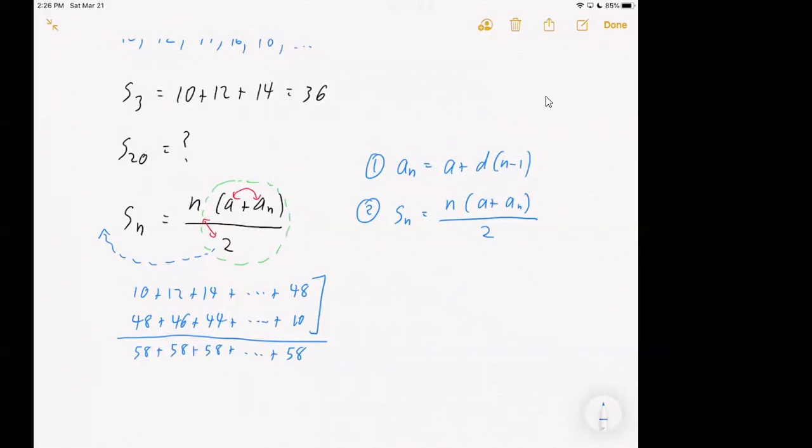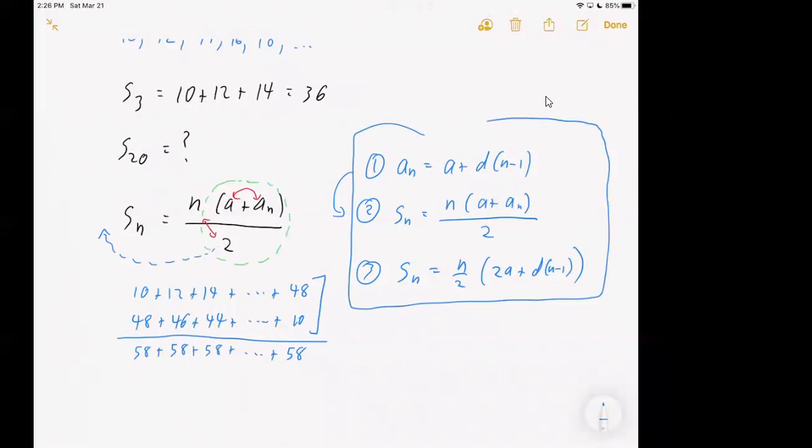If you substitute equation 1 into equation 2, you get an equation 3, which is that the partial sum is equal to n over 2 times twice a plus d times n minus 1. And what you pick out of equations 1, 2, and 3 will depend upon what's given in the problem. So let's look at a quick example where we might use that.